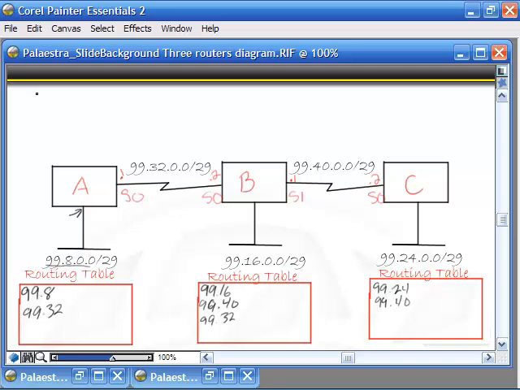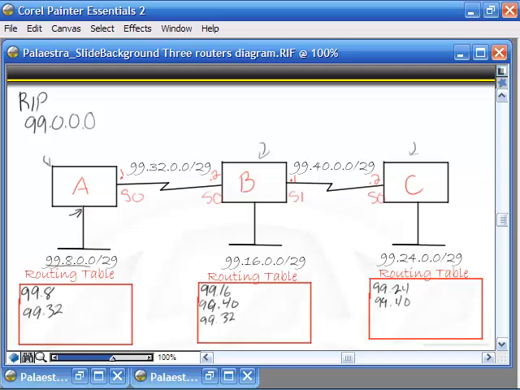Now when I enable RIP or IGRP, they function pretty much the same as far as populating the routing table. So we'll use RIP as an example. I go in and enable RIP on each router, router A, router B, and router C. I have to enable it to route for the entire 99.0.0.0 network.